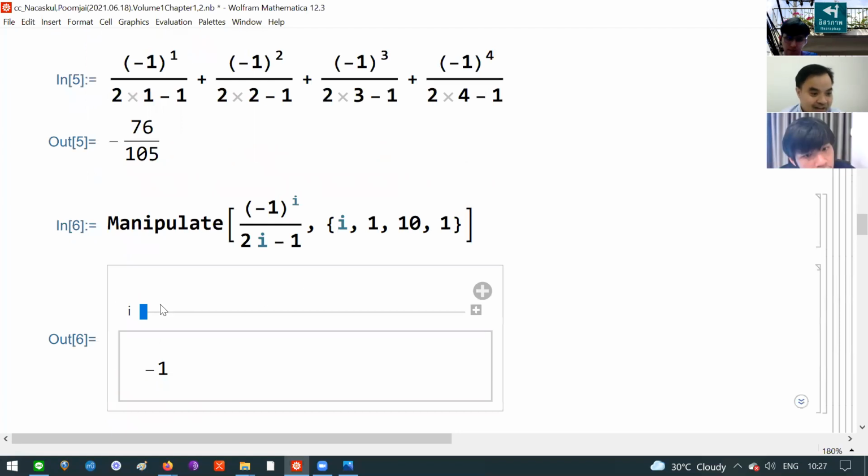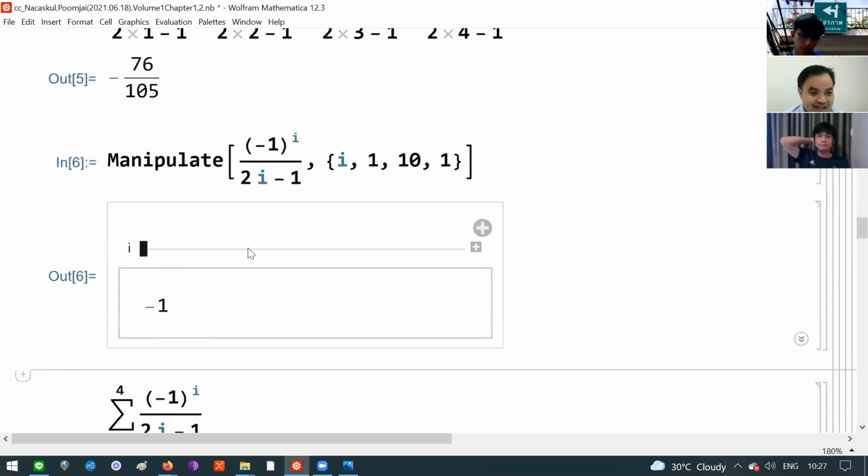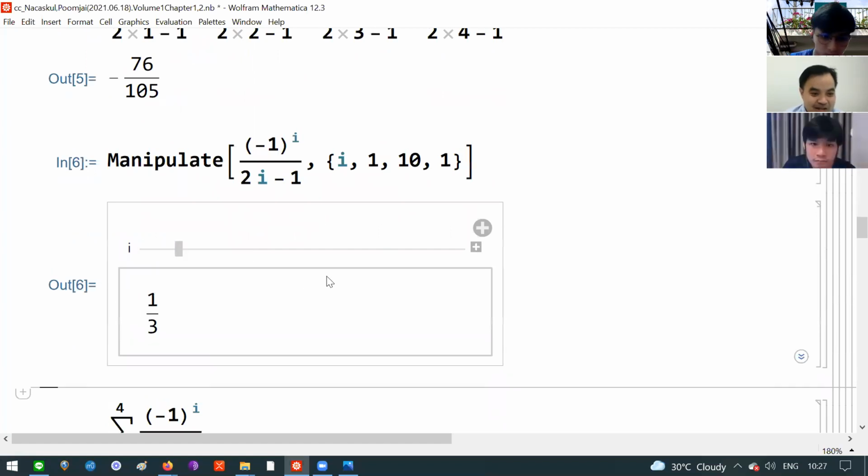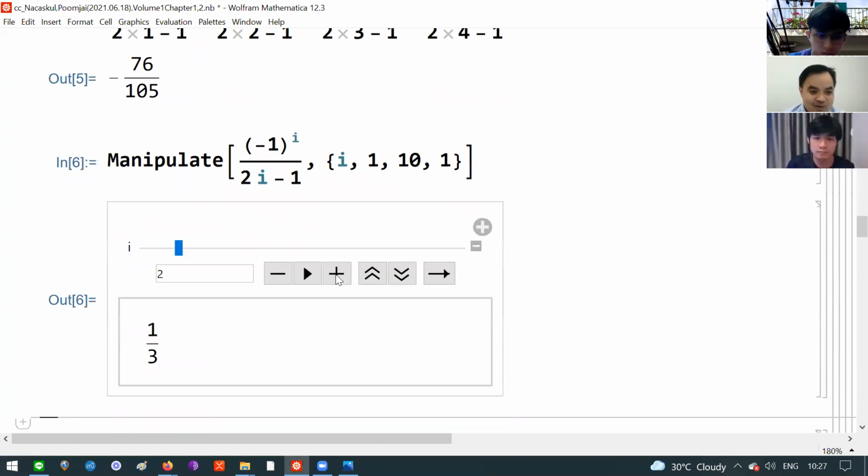And so it's going to go from minus 1 to 1/3 to minus 1/5. So it's going to go back and forth between positive and negative. Let's start again. But the terms get smaller, right?